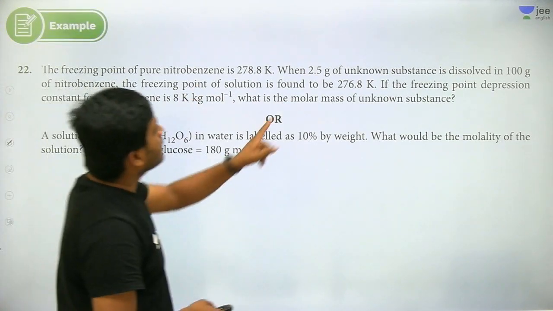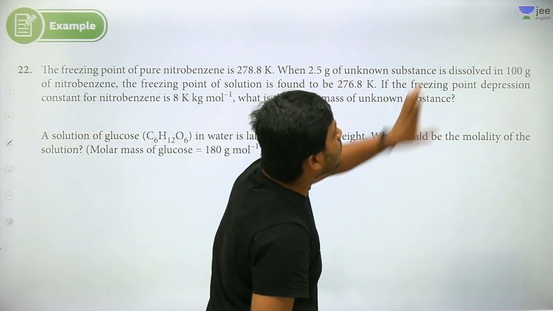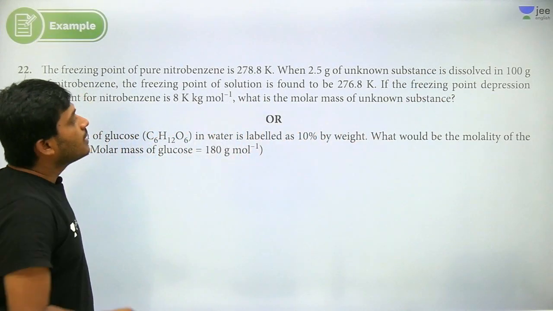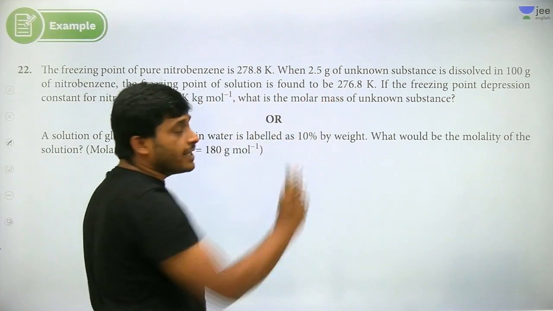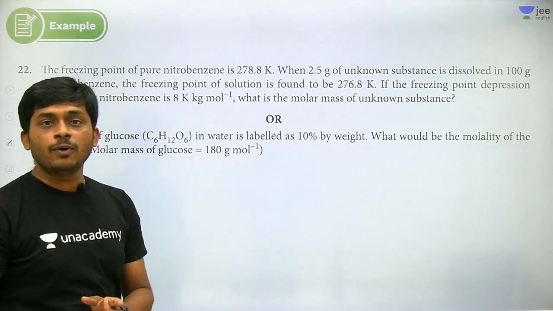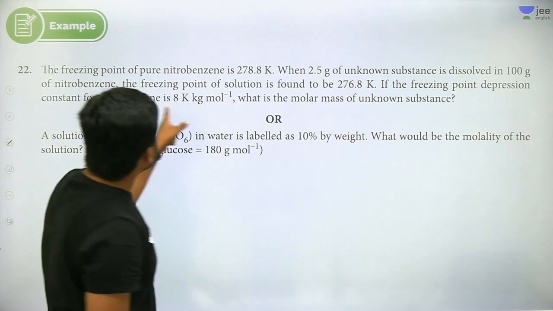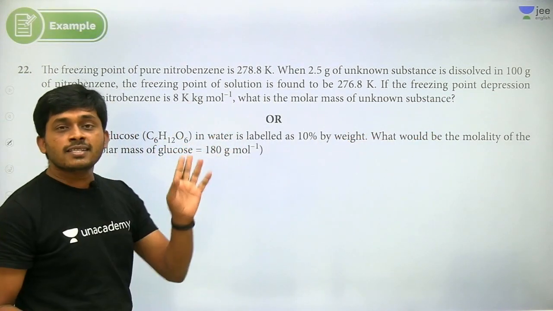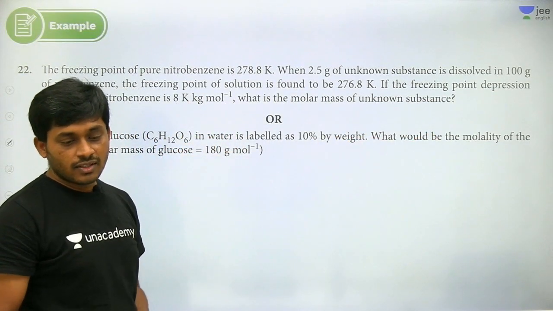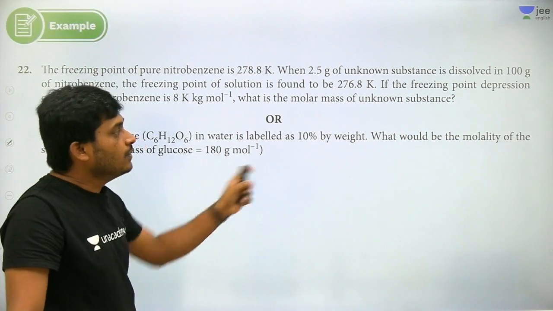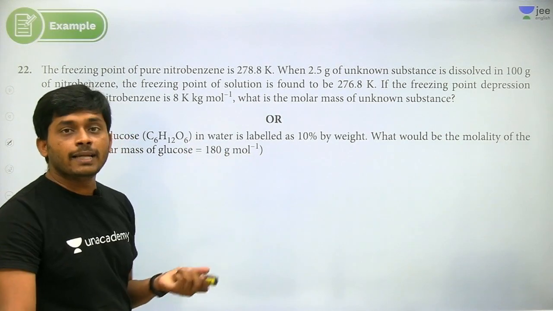Okay, and 2.5 grams of unknown substance is dissolved in 100 grams. The freezing point is now decreased because of depression in freezing point. If the freezing point depression constant is given, what is the molar mass? So just from colligative properties, this is from solutions, molality part.